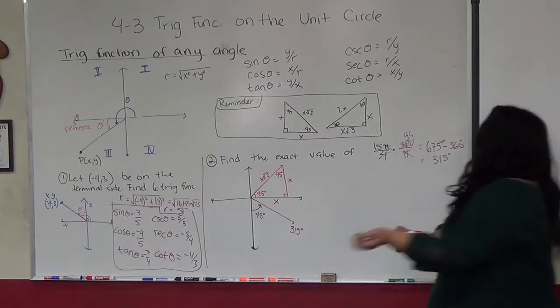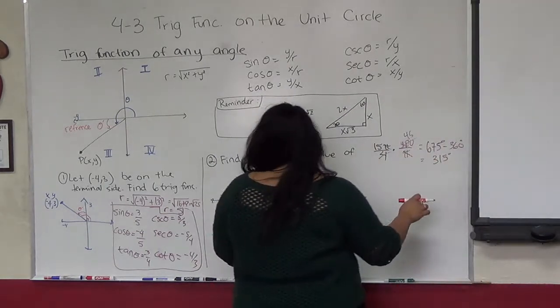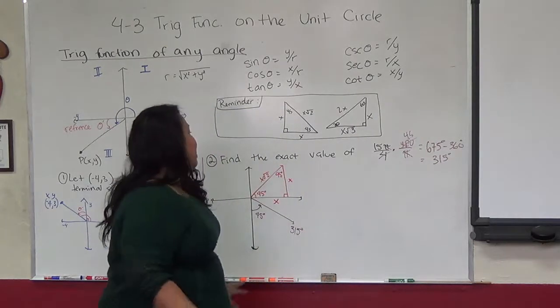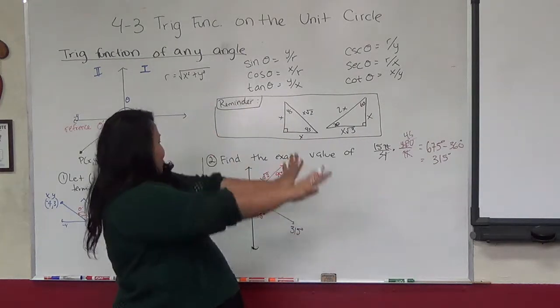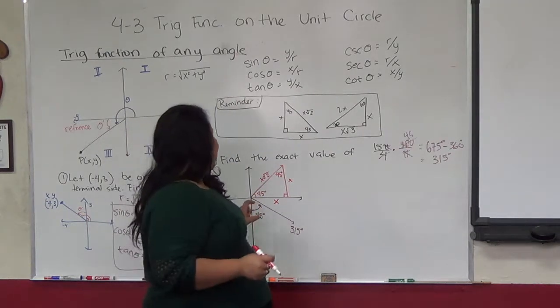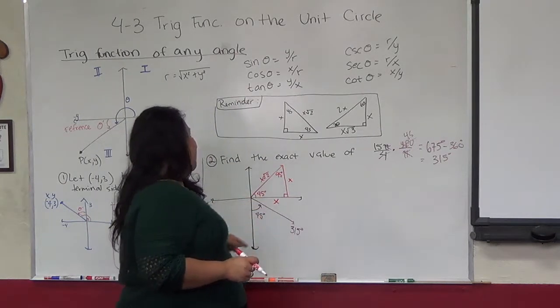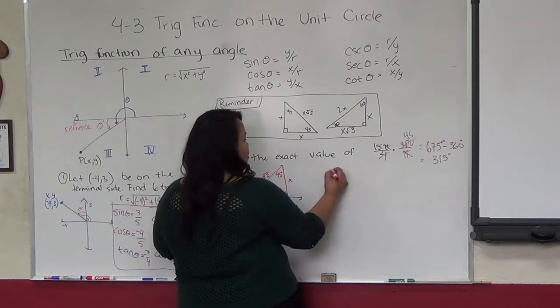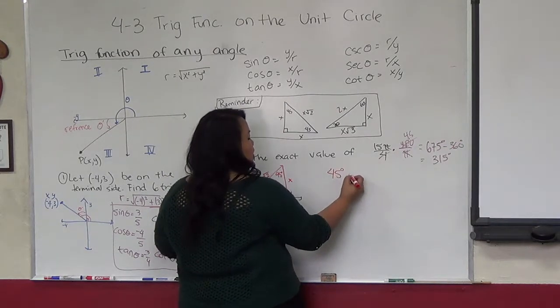Oh, right. Okay. I know I figured this out. Hold on. I did it in my house. 45, 45, 90. I'm going to turn 45 degrees into radians.